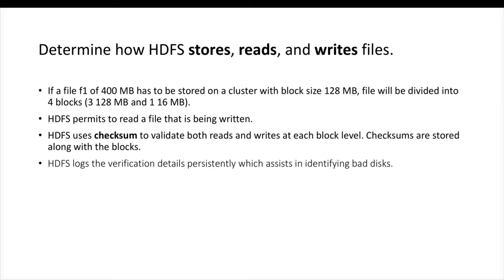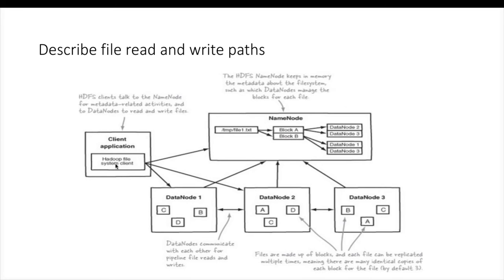If you go back to this slide, this is the node from where we have run the hadoop fs -put command to copy the file, and the file will be divided into blocks like this, and for each block the client will compute the checksum.